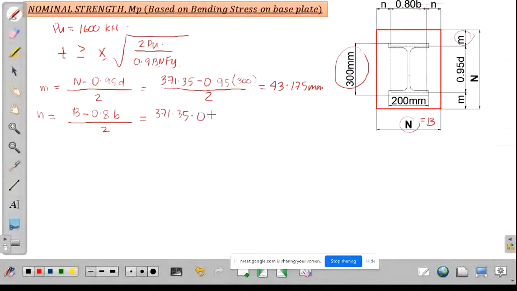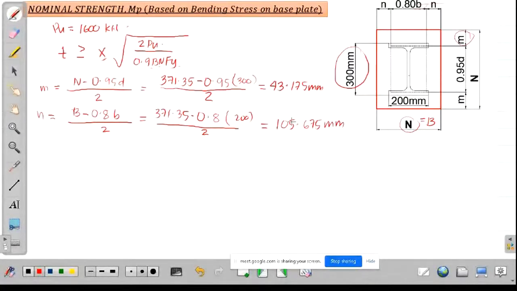So, kindly solve this. Yung b for column is 200. Okay. So, ano yung magiging value ng n natin? What would be our value for n? That is equal to 105.675.